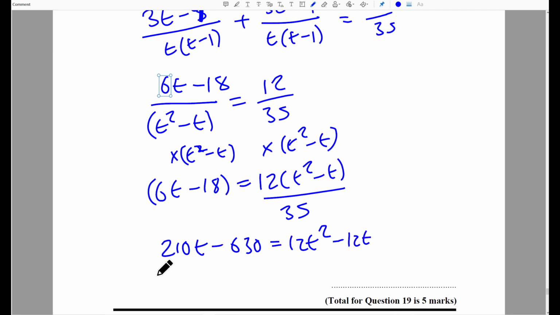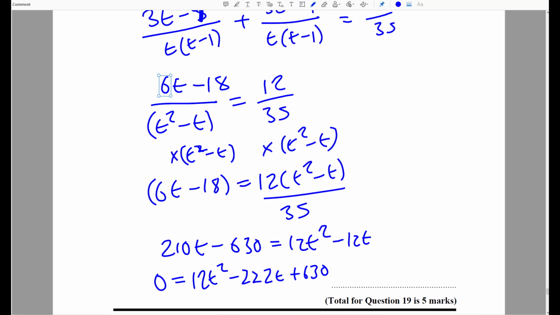I'm going to bring everything to one side, so we get 0 equals 12t squared minus 222t plus 630.